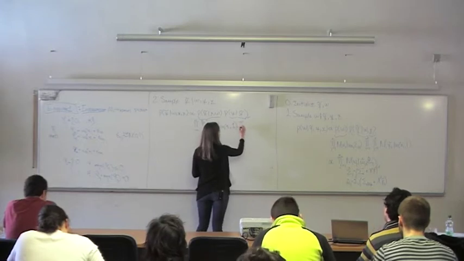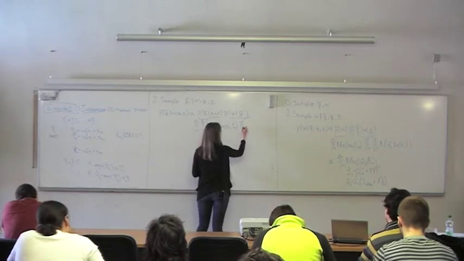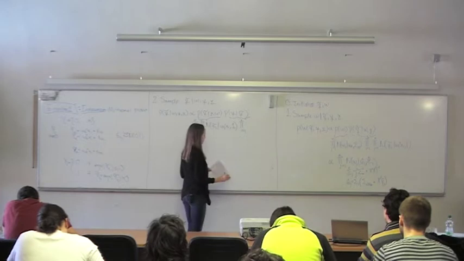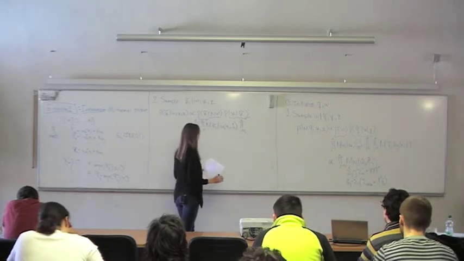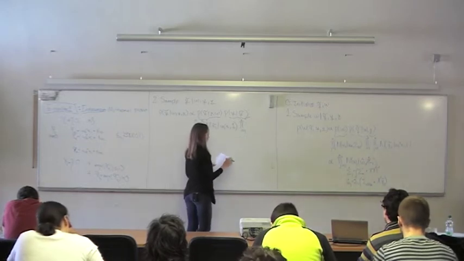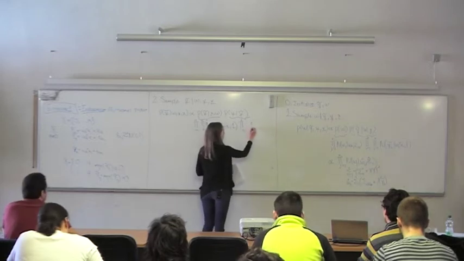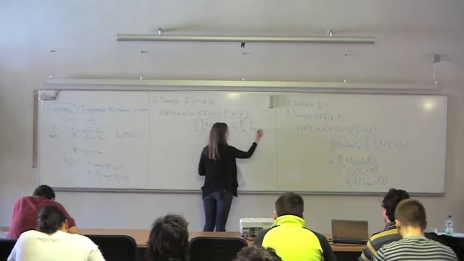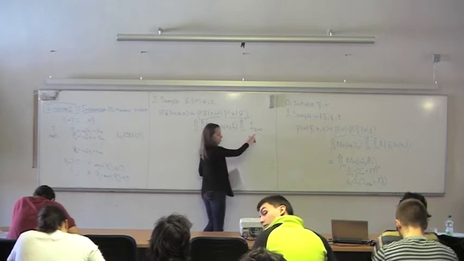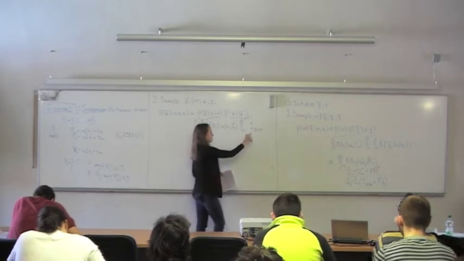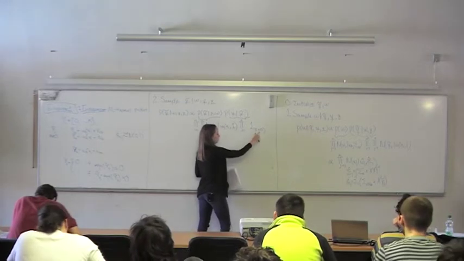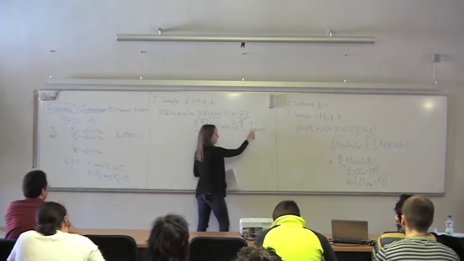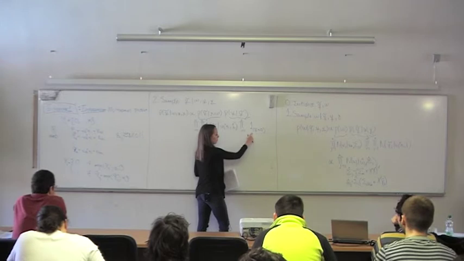So this is the product from i equal 1 to n. So if all of the y_i tildes are less than 0, so I'm using this short notation here. So this is 1 if y_i1 is less than 0, y_i2 is less than 0, and y_ik is less than 0.